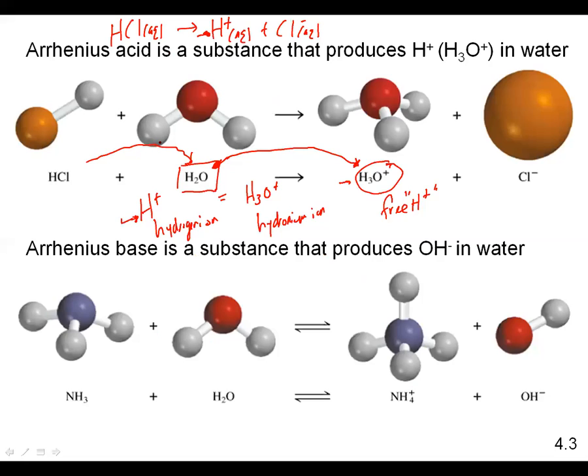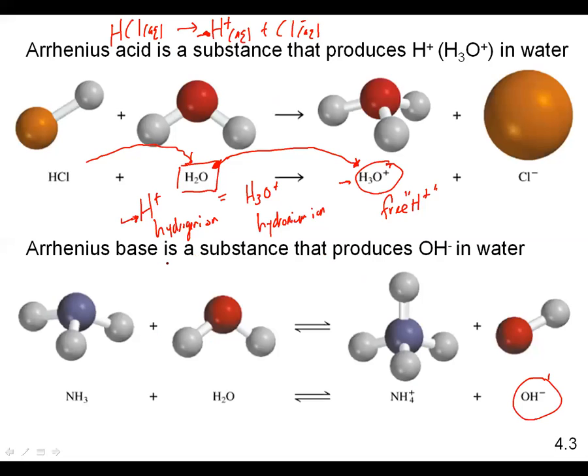A base, on the other hand, is something that has the ability to produce hydroxide, so OH minus. Something that can create free OH minus is considered a base. And so something like NH3, which is ammonia, is a weak base, but it's able to produce hydroxide, so it's considered a base.